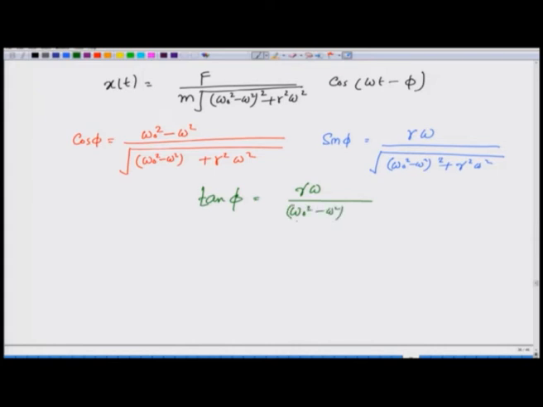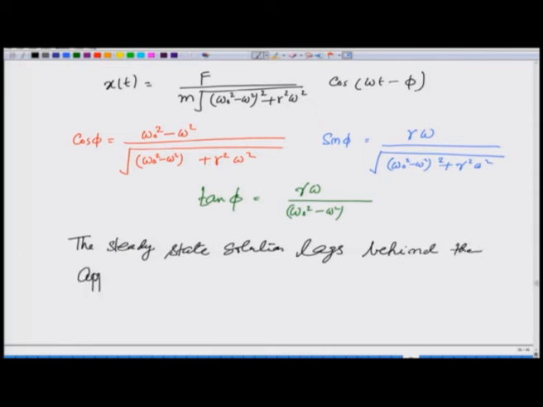But what is more important is that the steady state solution lags behind the applied force.